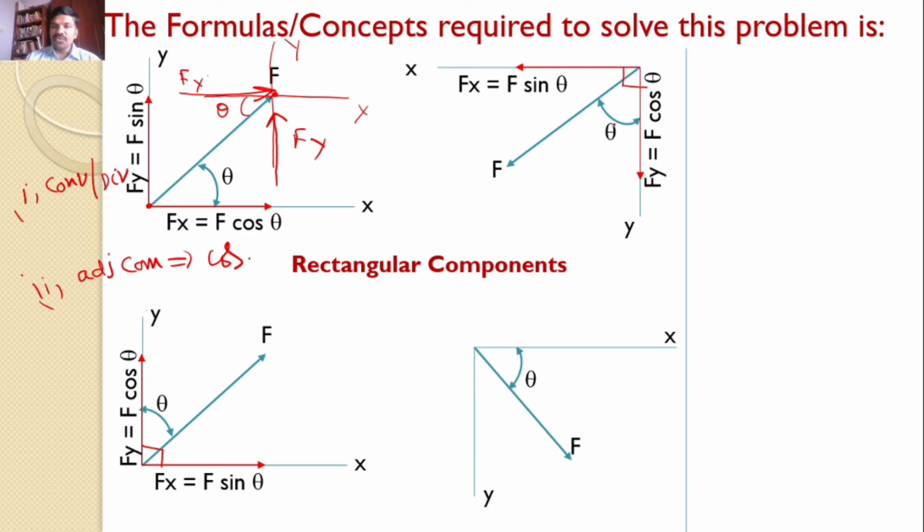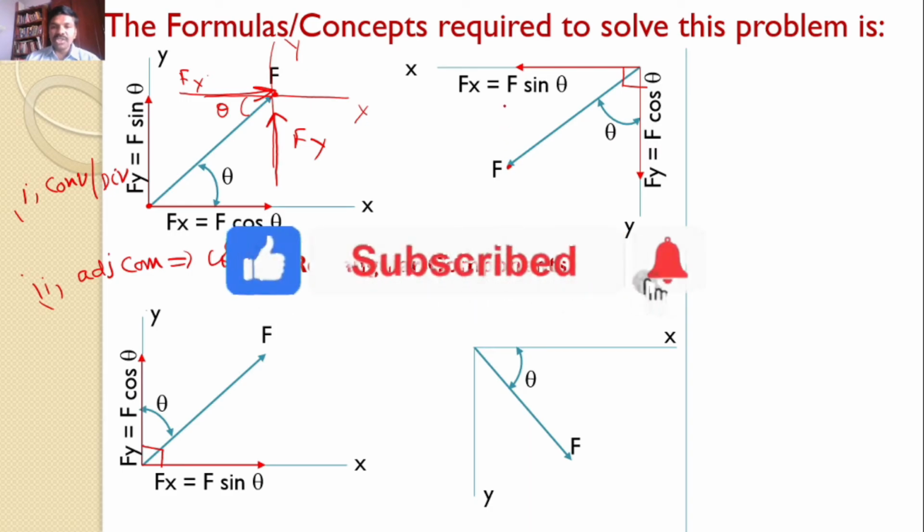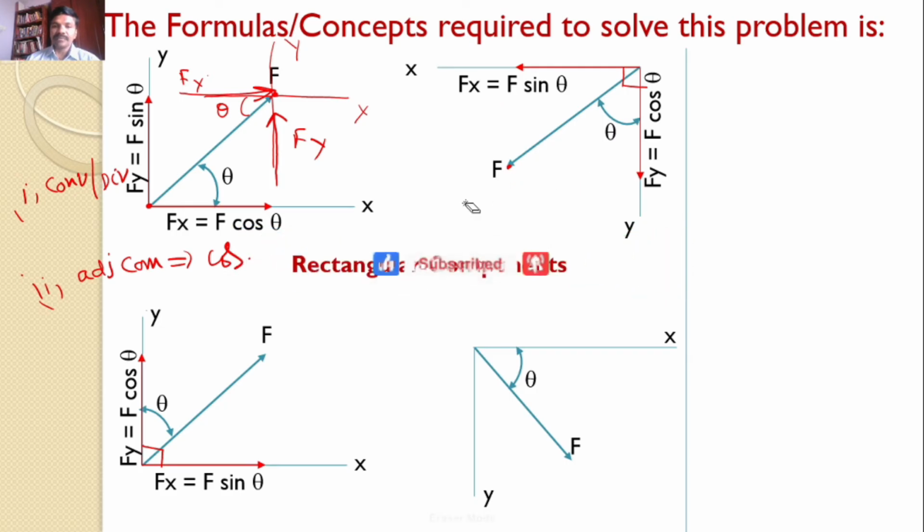Now here this force makes an angle theta with the y-axis, hence the y component becomes cos theta, and the horizontal component becomes sin theta. Same force, for example, I want to resolve here. Are you able to understand now?